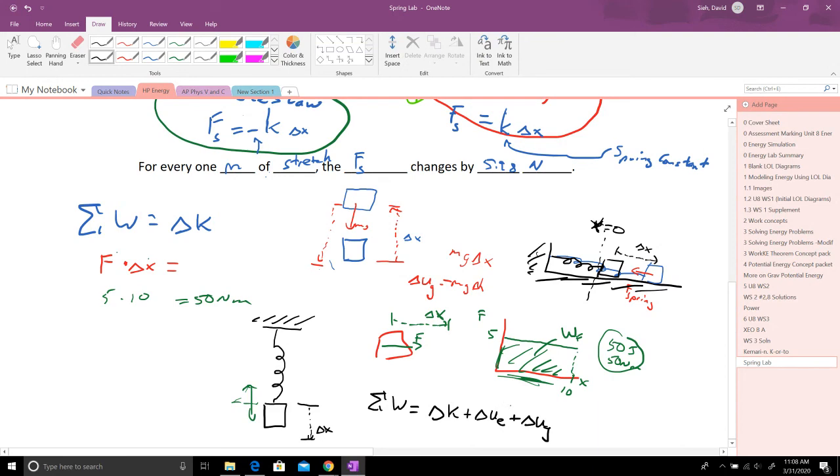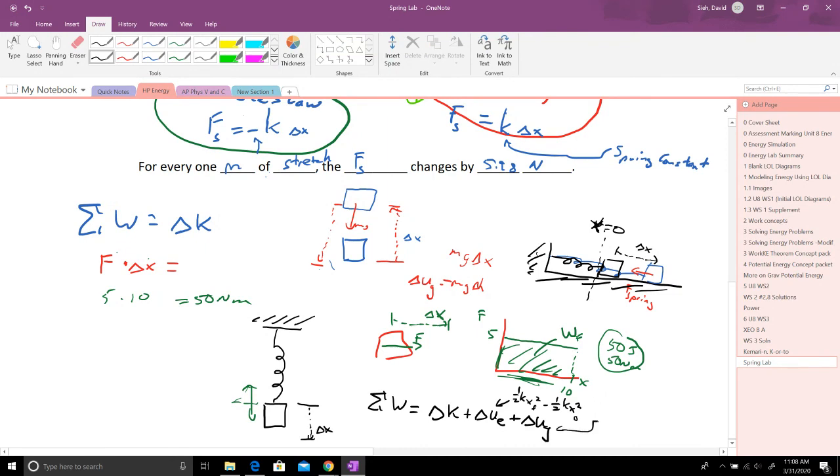When I plug into this delta U E, I'll be looking at my final minus initial. So I'll be looking at the final elastic minus initial elastic. That'll be a 1/2 k times that final stretch squared minus a 1/2 k times my original stretch squared, to figure out the change in that energy.